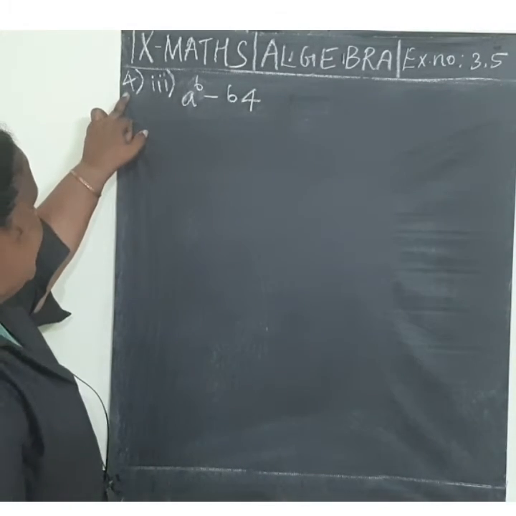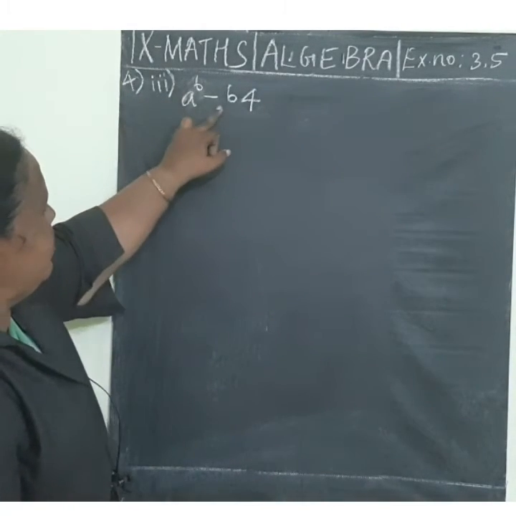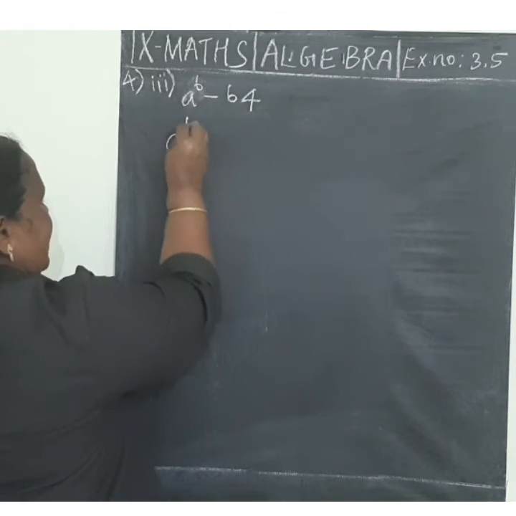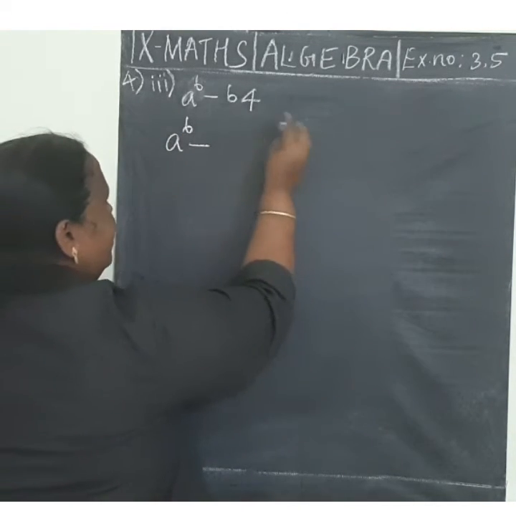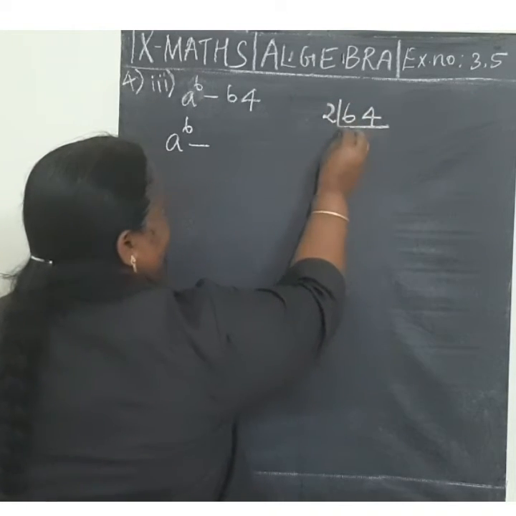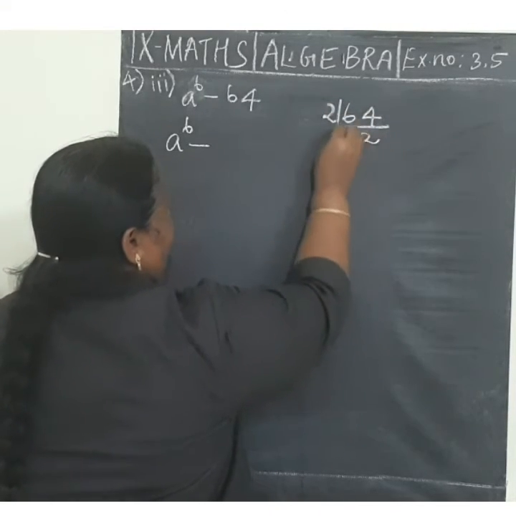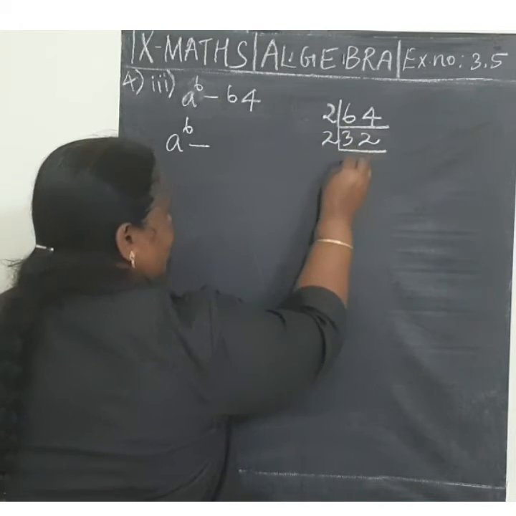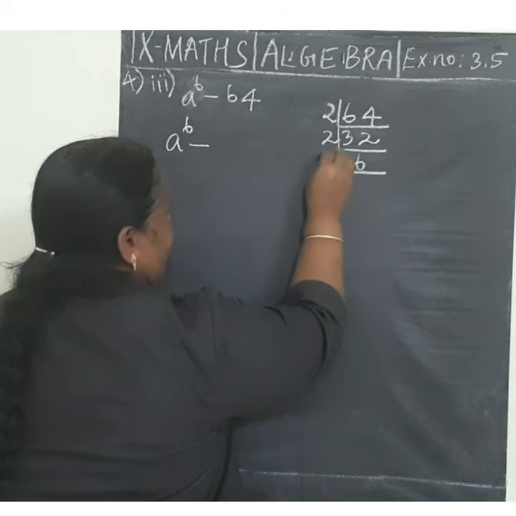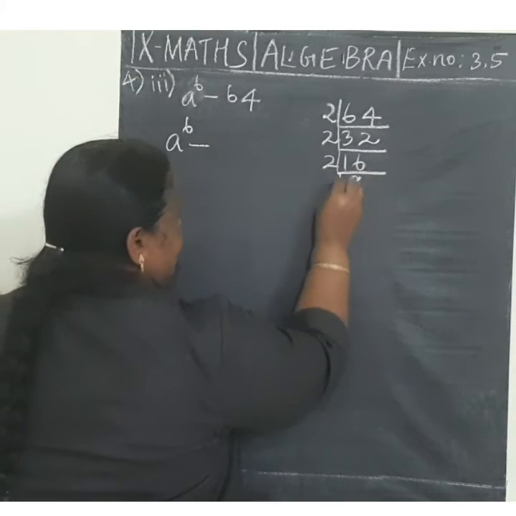Next, third subdivision: a power 6 minus 64. So this a power 6 you write as it is, minus the 64. Take LCM for the 64. If we put 2 times, 3 2s are 6, 2 2s are 4. Again 2 times, 6 2s are 12. Again 2 times, 8 2s are 16.